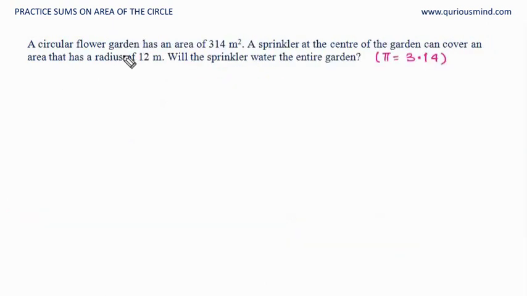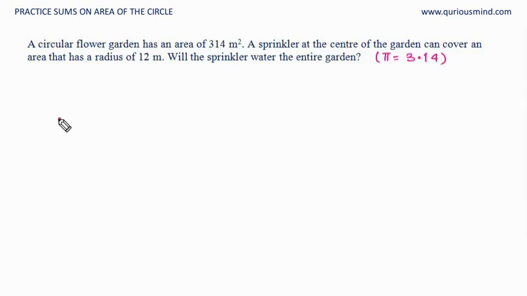A circular flower garden has an area of 314 meters square. A sprinkler at the center of the garden can cover an area that has a radius of 12 meters. Will the sprinkler water the entire garden? So we know the garden's area. From the garden's area, we can find the garden's radius. And if that radius is less than this, then this can cover our entire garden.